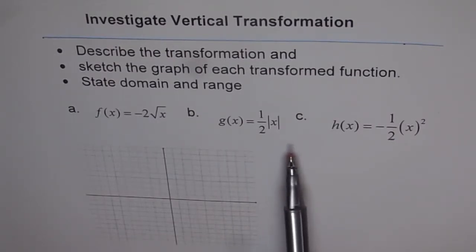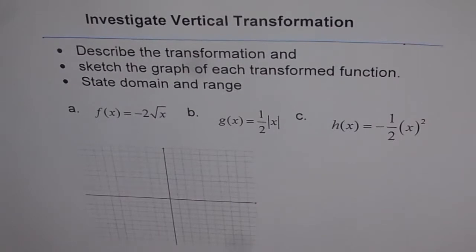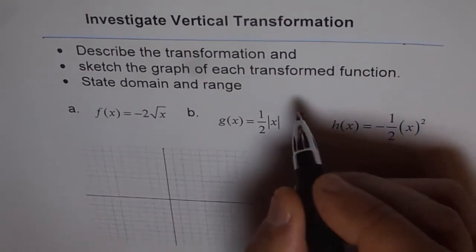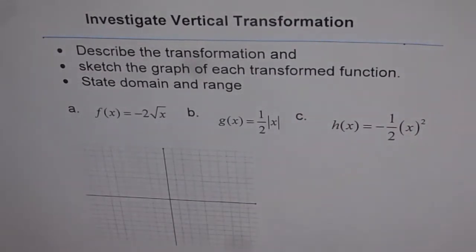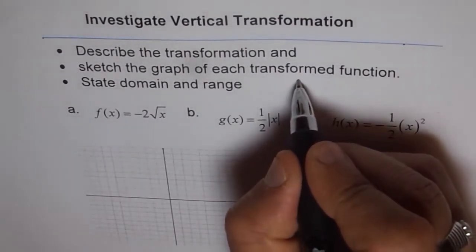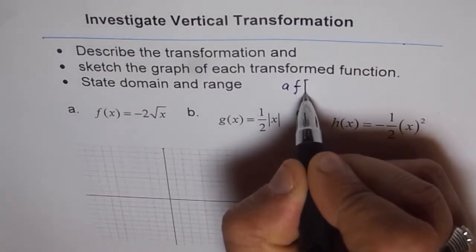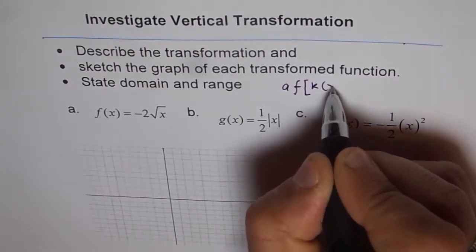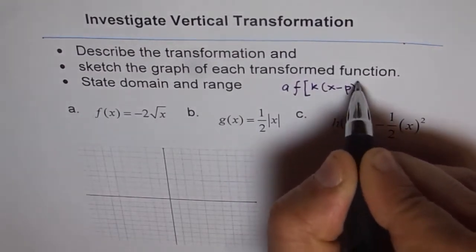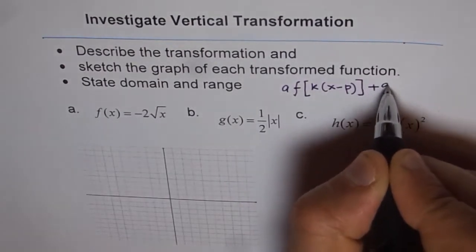When we are talking about transformations, transformations could be vertical or horizontal, right? So that is how the transformations are. In general, let me tell you one thing here, I'll write this general formula for transformation. We could write a transformation like this: a times f of k times (x minus p) plus q, right?